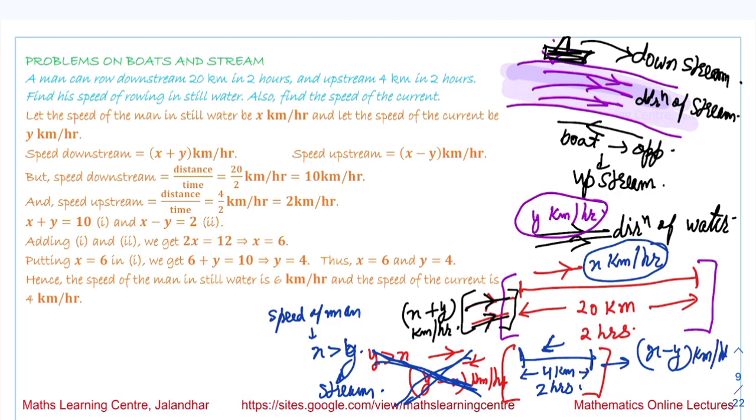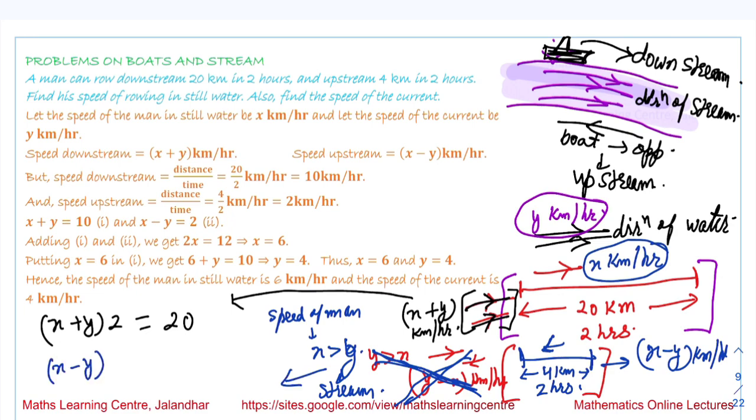Now we make the equations for both these conditions. For the first case, the speed is x plus y, the time taken is 2 hours, and the distance traveled is 20 kilometers. In the second case, the speed is x minus y, the time taken is 2 hours, and the distance covered is 4 kilometers.